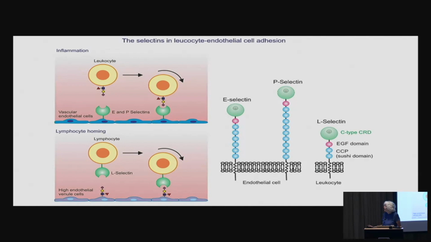What these selectins do is this adhesion is not a very tight adhesion, so they mediate transient and weak interactions, which allow the white blood cells to slow down and come in contact with the endothelial cell, and that induces tighter protein-protein interactions, which eventually allows the white blood cell to squeeze through the endothelial cell layer to the underlying site of inflammation.